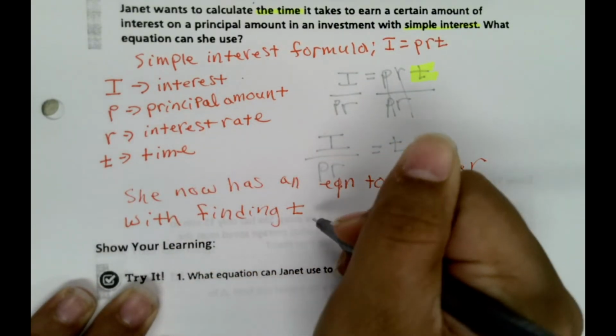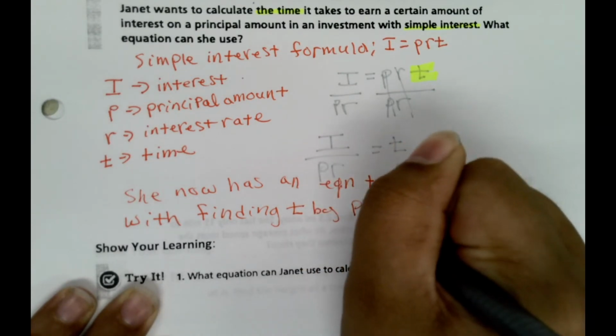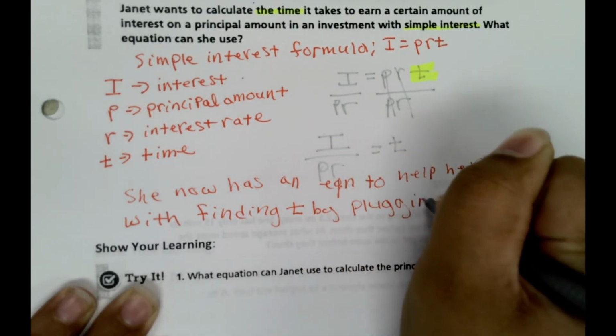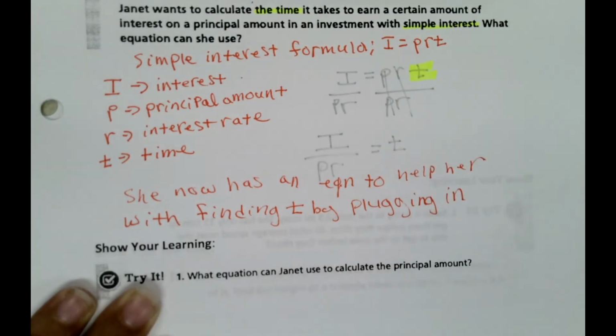She knows the amount she wants to earn, the principal, and the interest rate. She can just plug it in, and it'll give her time. All we did was rearrange.